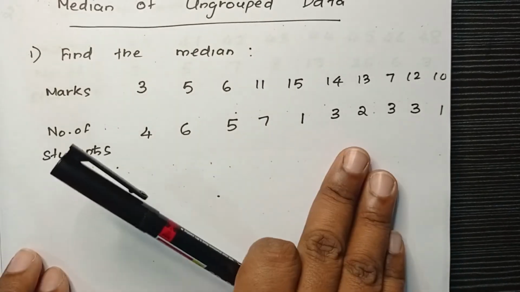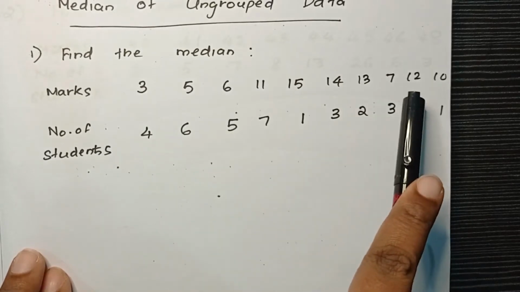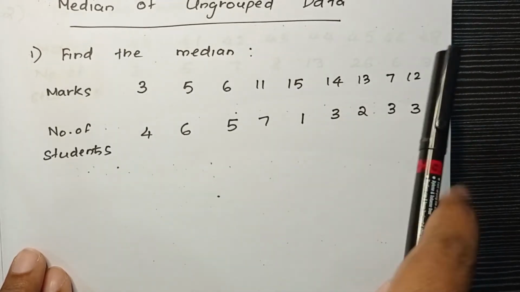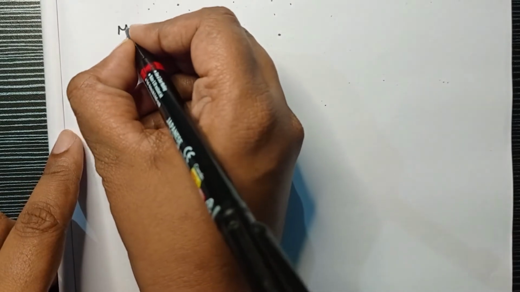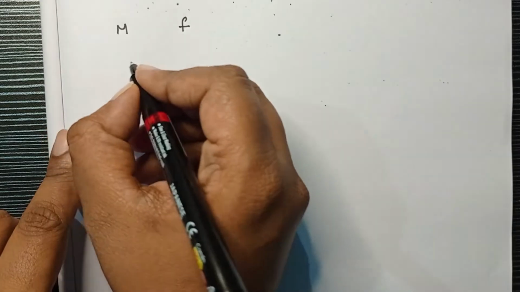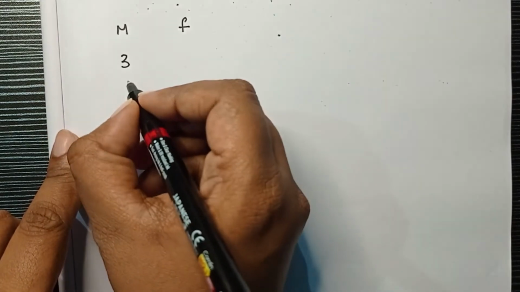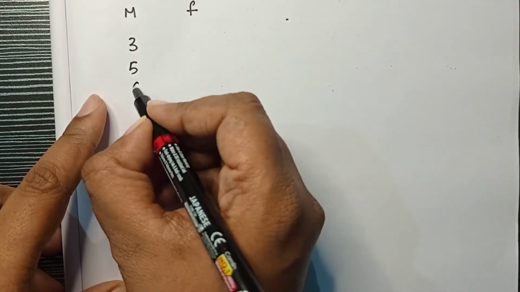So find the median of these values. Now as you can see in the question, it is not given in ascending order, so that is what we are going to do first. I'm just writing marks, then frequency. So that is 3, 5, 6.